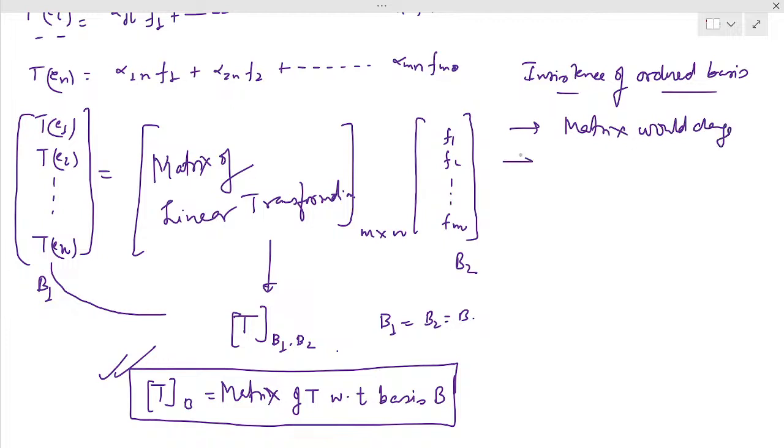And if the matrix would change, then there would be a problem of non-uniqueness. And if I've stated initially that there should be only one linear transformation which relates the bases, if you remember initially, then in order to have this uniqueness, we actually insist upon ordered basis.